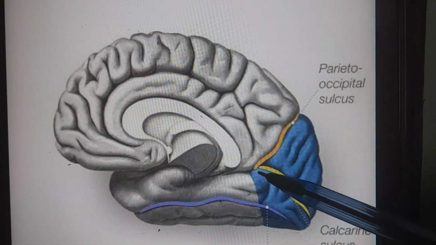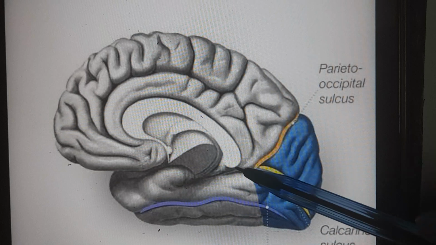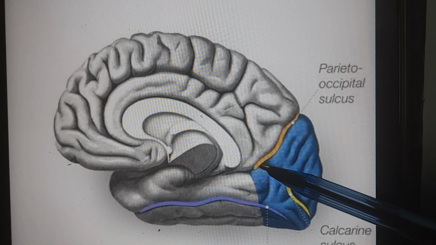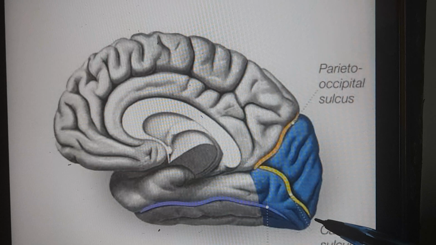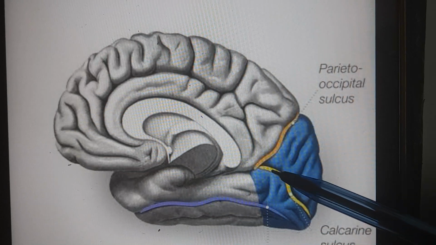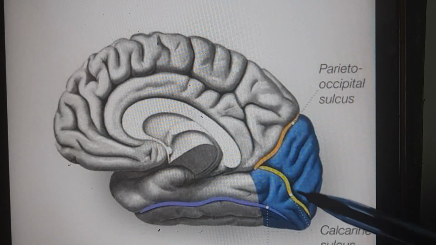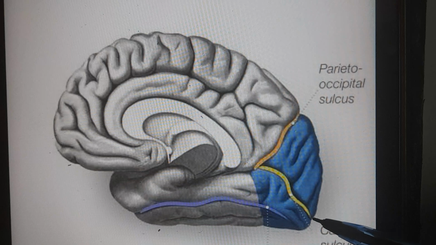You can see that this calcarine sulcus is on the posterior side of the corpus callosum, and it moves from the posterior side of the corpus callosum backwards to the occipital pole.